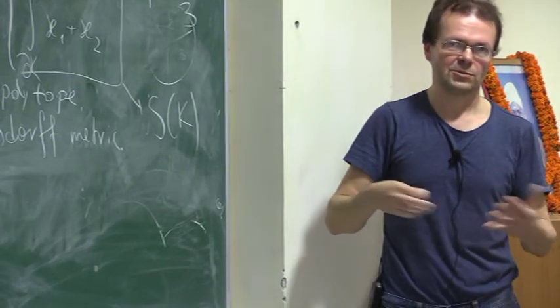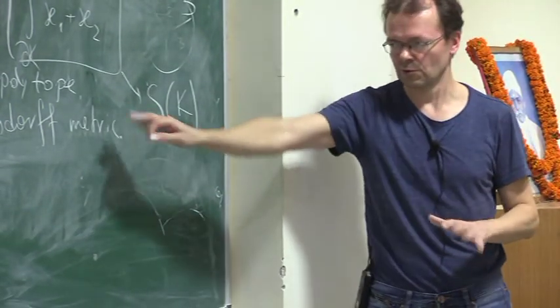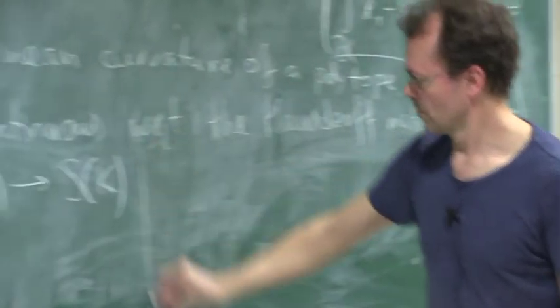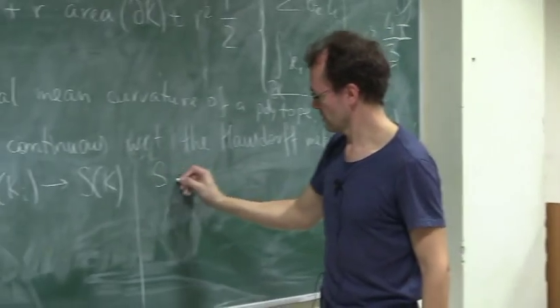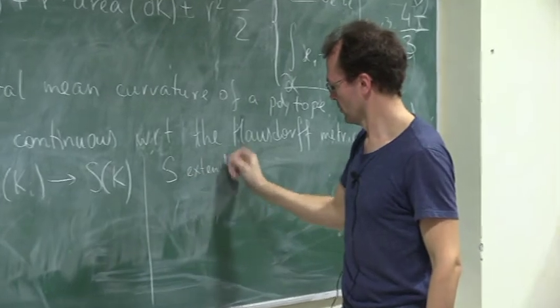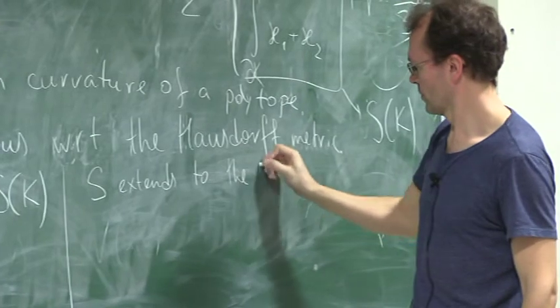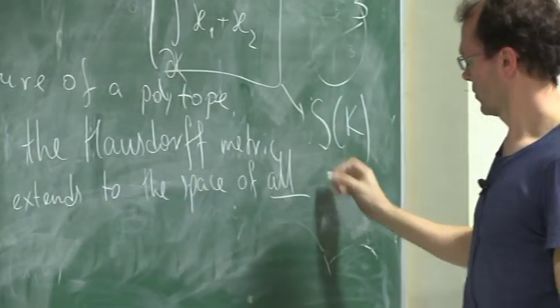Well, there one needs to prove some topological details, so why from this continuity it follows that there is a continuous extension, but omitting that, S extends to the space of all convex bodies.